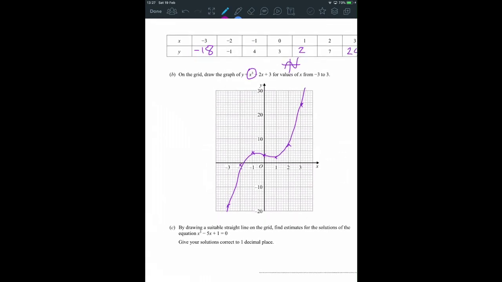By drawing a suitable line on the graph, find estimates for that equation. Well, it's similar, but it's not quite the one I've drawn.